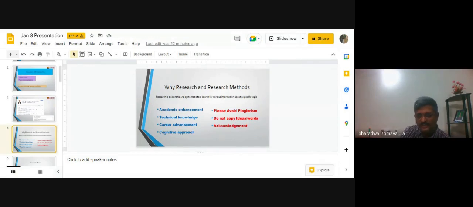One main do and don't in your research is please avoid any sort of plagiarism in your work. Do not copy from websites. They have tools where you can detect plagiarism in the content, and the website can simply catch hold of you. So please avoid any plagiarism.